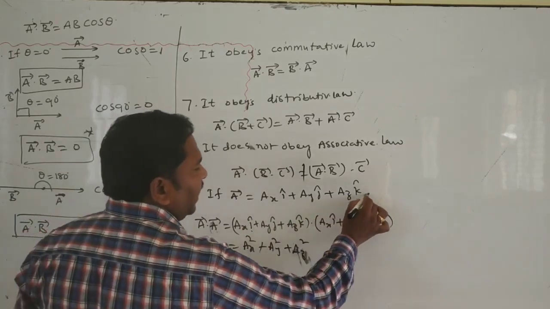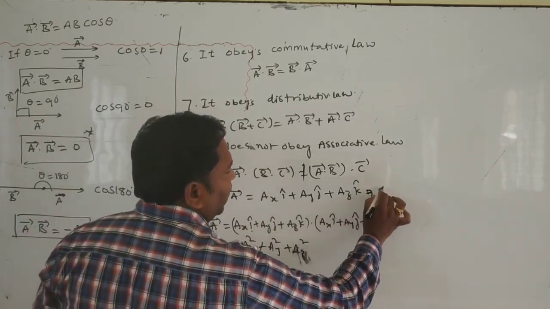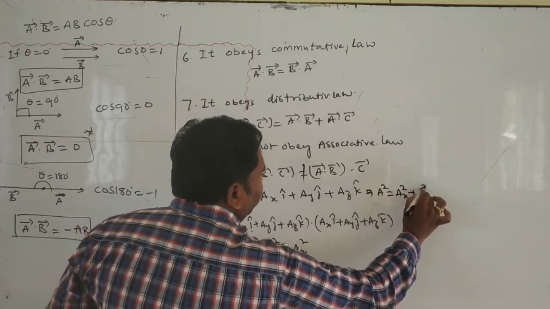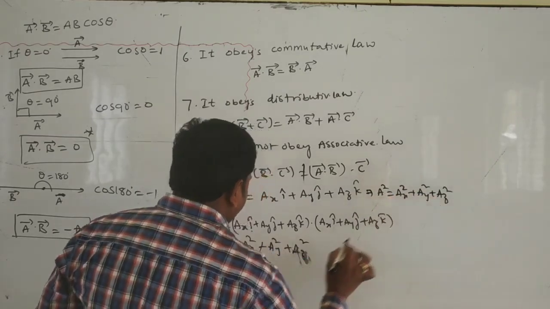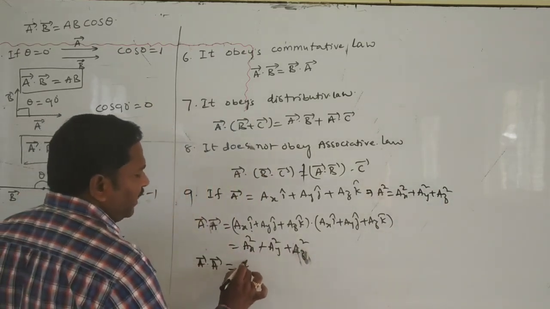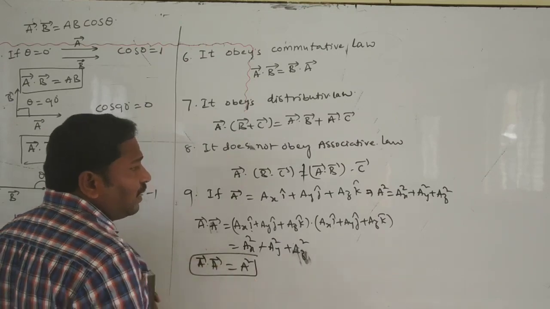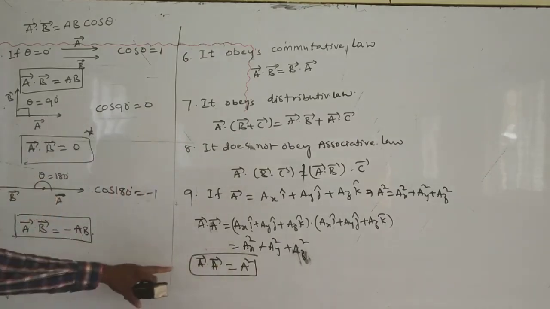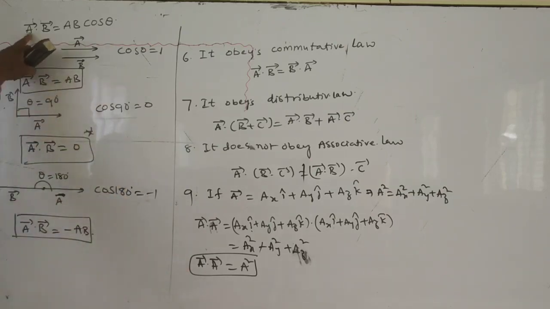So what is its magnitude? Its magnitude is Ax square plus Ay square plus Az square. So now a bar dot a bar equals a square. Otherwise, we can prove this by using this law.